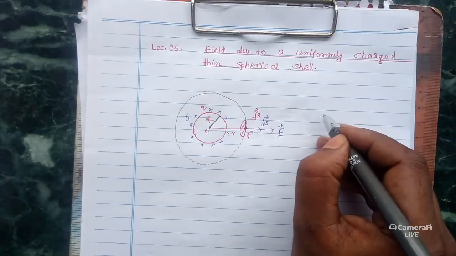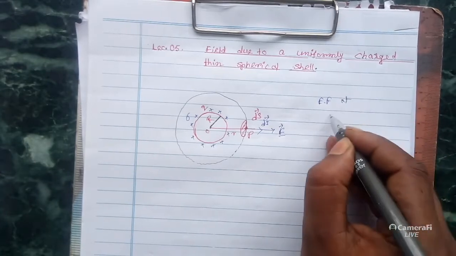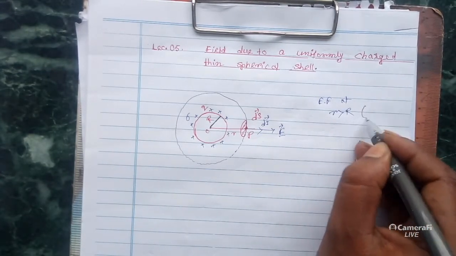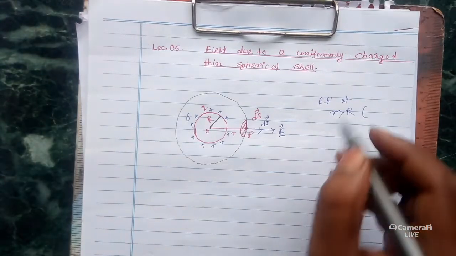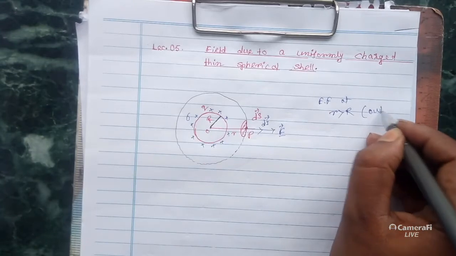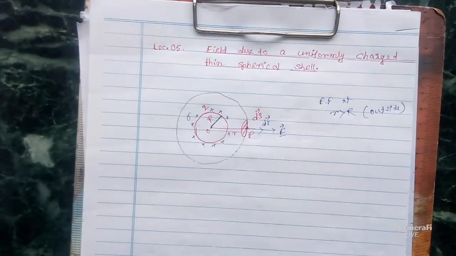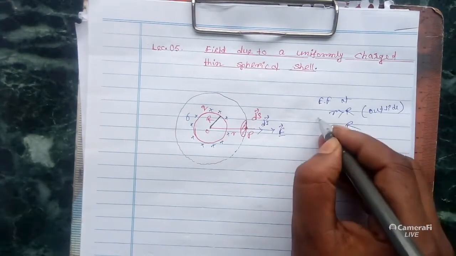We have to calculate the electric field at r greater than capital R, that means outside the sphere. Yes or no? r greater than capital R, that is outside the sphere. When the distance is greater than the radius of the sphere, then that is outside.